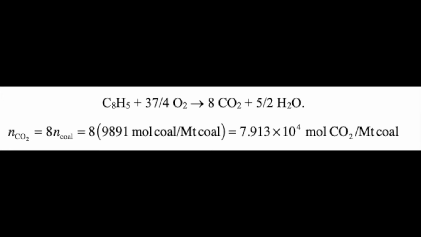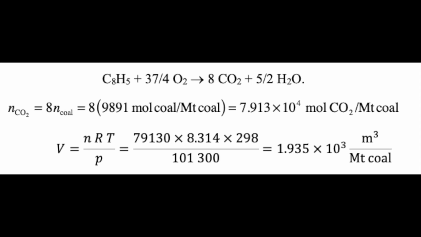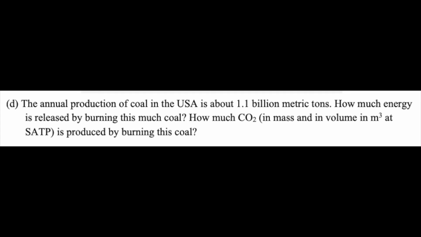So start with a balanced chemical equation again, and then multiply the number of moles of coal by 8 to arrive at 7.9 times 10 to the 4th moles of CO2 per metric ton of coal burned. Now rearrange the ideal gas law to find the volume, which will be about 1.9 times 10 to the 3 cubic meters of CO2 per metric ton of coal burned.